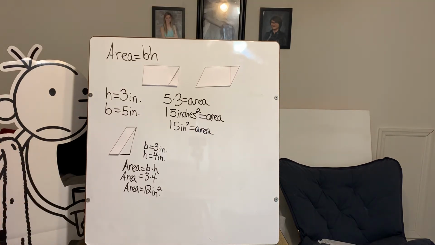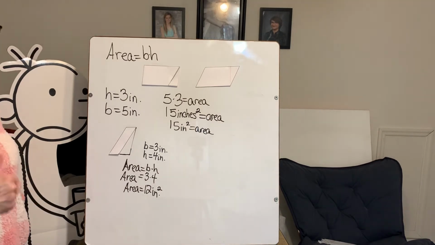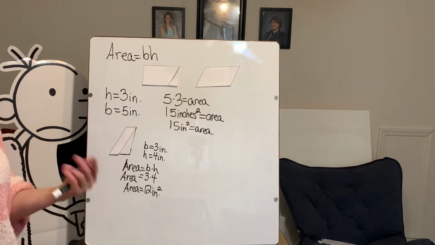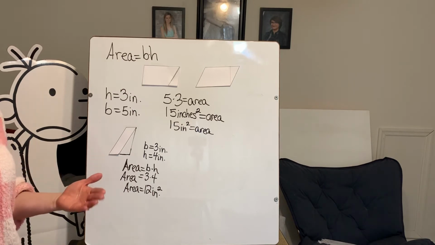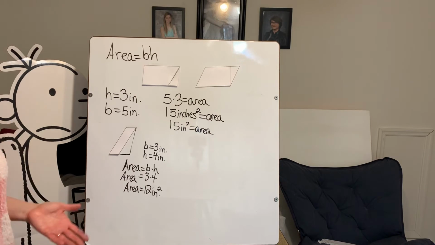So we're going to be going over some of these tomorrow, some in an exercise, and then I'm thinking about giving you a few of the problem set questions so that you can see whether or not you have any questions about this, or if you're okay with finding the area of a parallelogram. So we're going to continue this tomorrow.